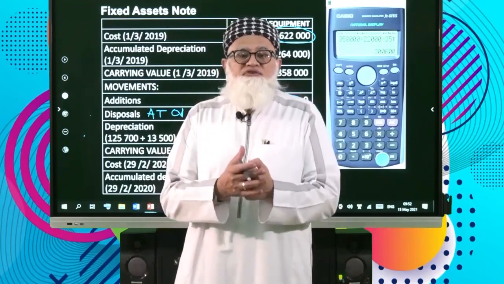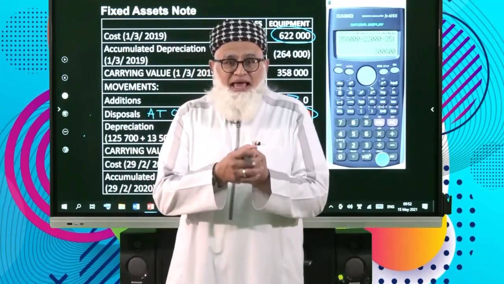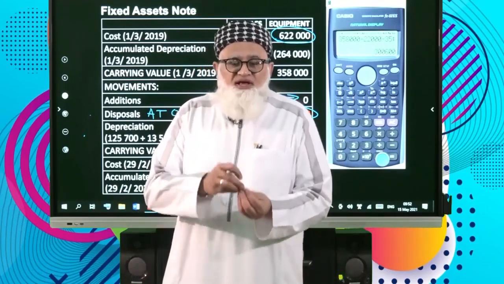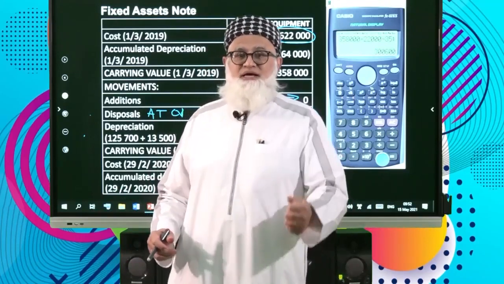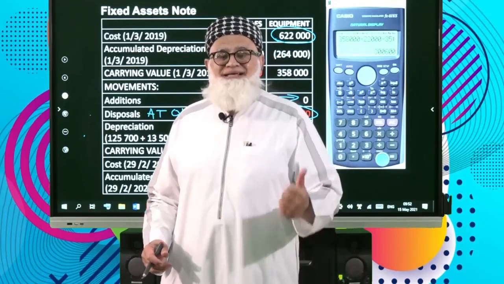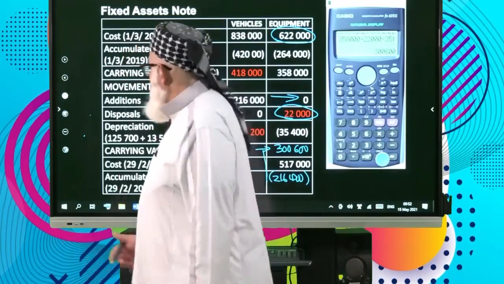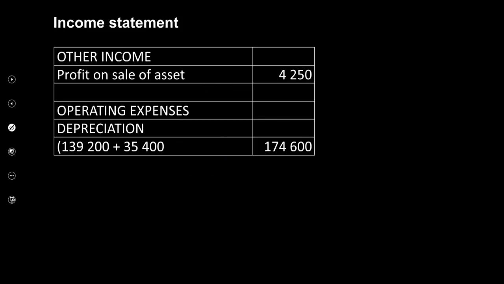Now, obviously, you need to have this information, and although the question didn't ask for it, what figures would you show in your income statement in terms of depreciation, and in terms of your profit on sale of asset or loss on sale of asset? When you are doing your income statement, you're going to say that you have a profit on sale of asset of 4,250.